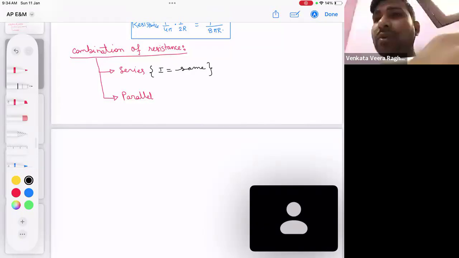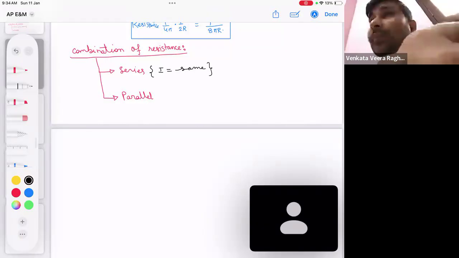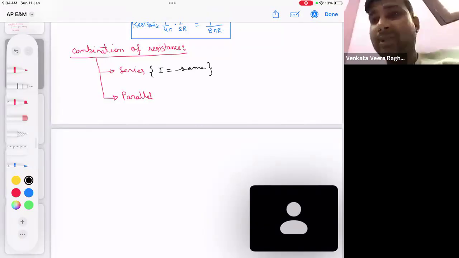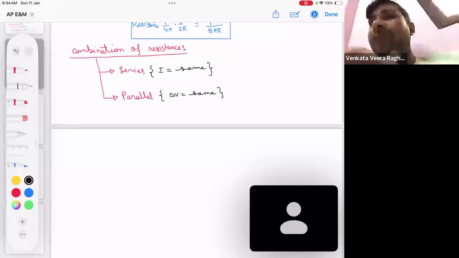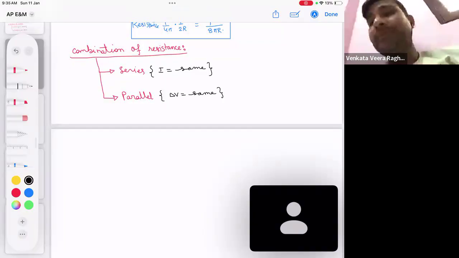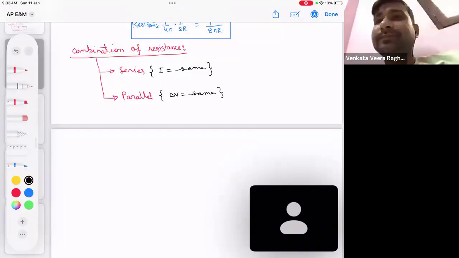If two or more resistors have the same current flowing through them, then we will call them what? These resistors are connected in series. And what should be the same for parallel combination? If the potential difference is the same. If two or more resistors have the same potential difference across them, then we'll call them connected in parallel to each other.